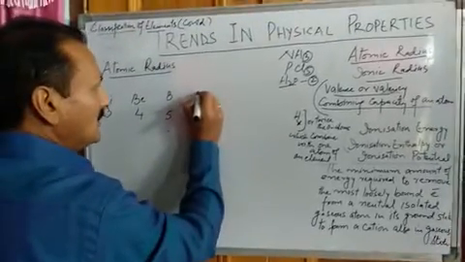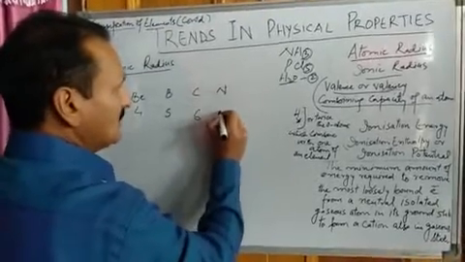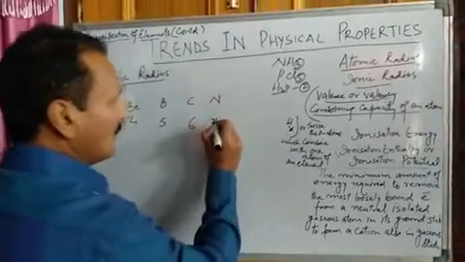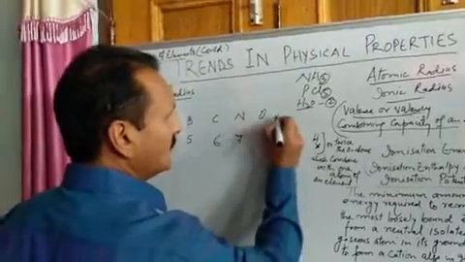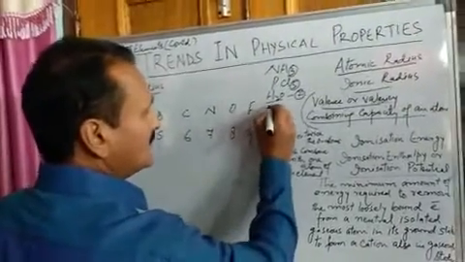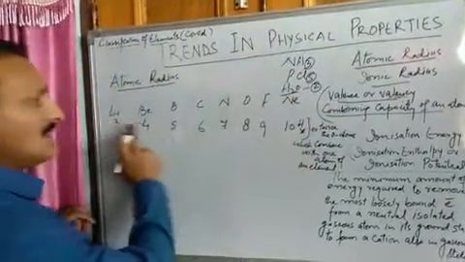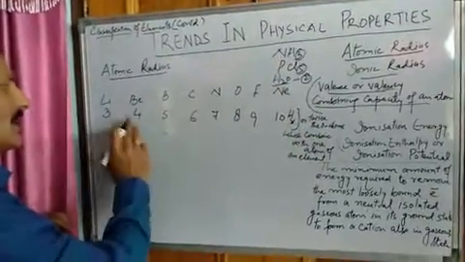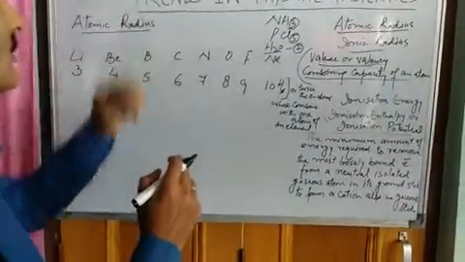Then carbon, atomic number 6, nitrogen, atomic number 7, oxygen, atomic number 8, fluorine, atomic number 9, and neon, atomic number 10. These are the elements of the second period. Now let us see what happens to atomic radius.